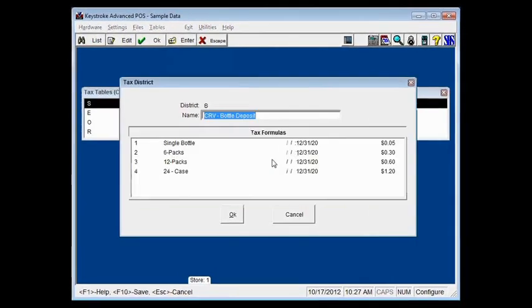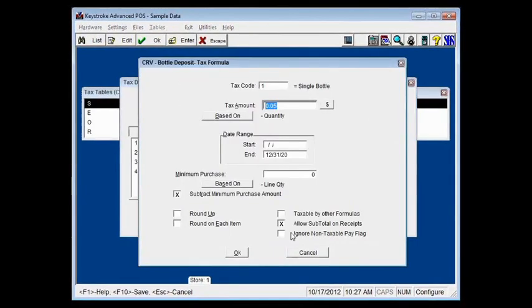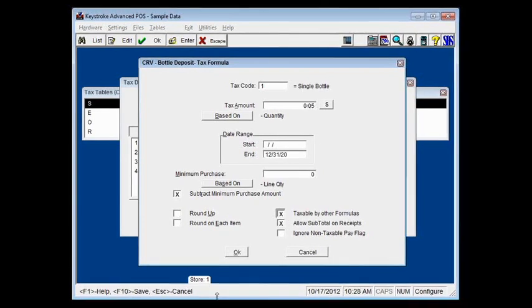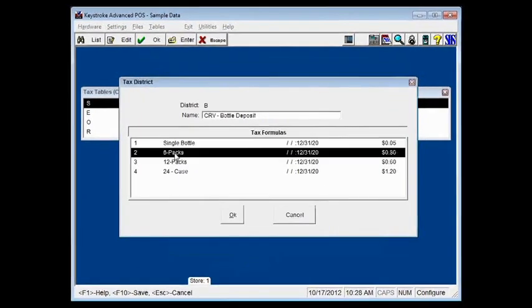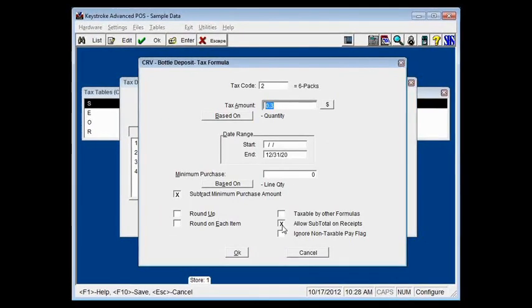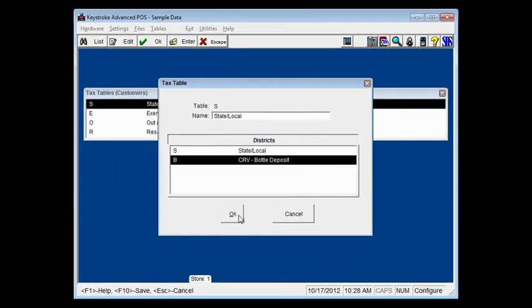Let's go to our bottle deposit and our formulas. You would put an X in taxable by other formulas. So this 5% per bottle for 6 packs, 30 cents for a 6-pack, you could mark those as taxable by other formulas, and then you will be charged sales tax on the amount of the bottle deposit as well.